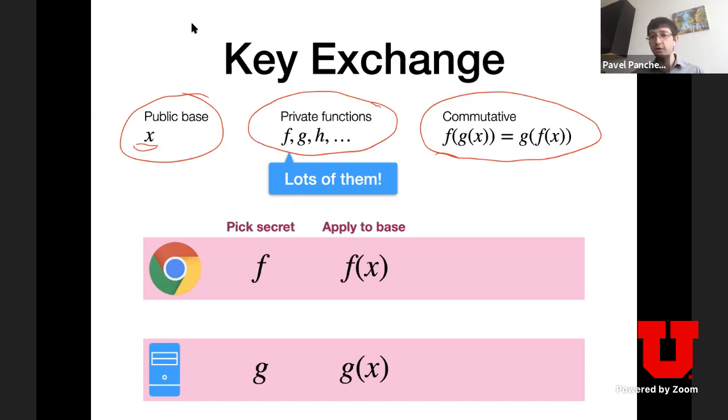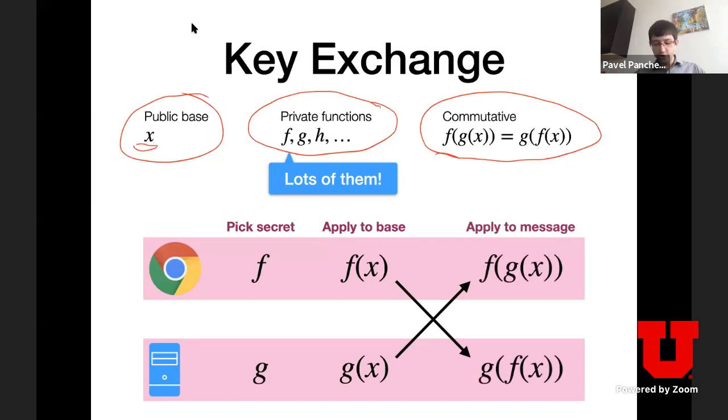And since we're assuming the connection between them might be eavesdropped, any possible attacker, basically anyone who wants to, let's assume, can learn F of X. And likewise, the server computes G of X and says that to the browser. So F of X and G of X are public information. Those are exchanged between the two parties.